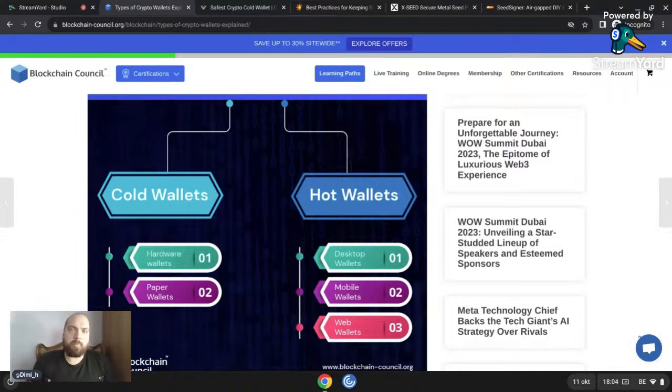Now, some people, and I know I've said it myself in the past, will say, oh, my coins are now offline, they are safely stored. No, what is safely stored is your access to the blockchain itself, that is safely stored offline. Your coins themselves remain on the blockchain.